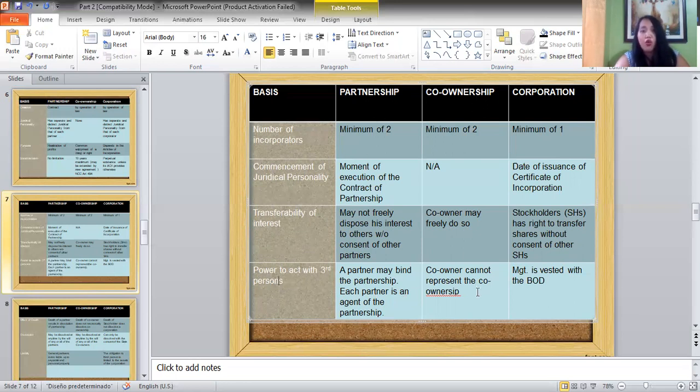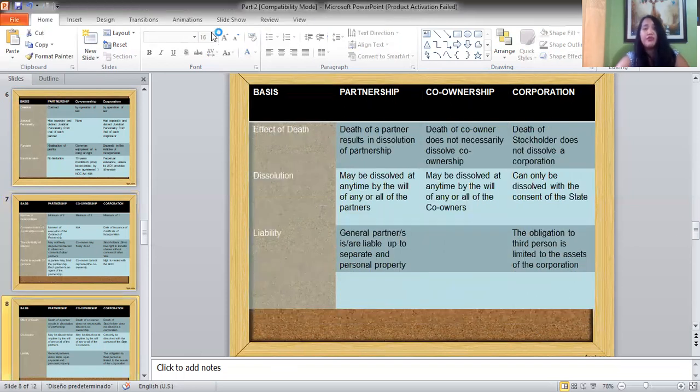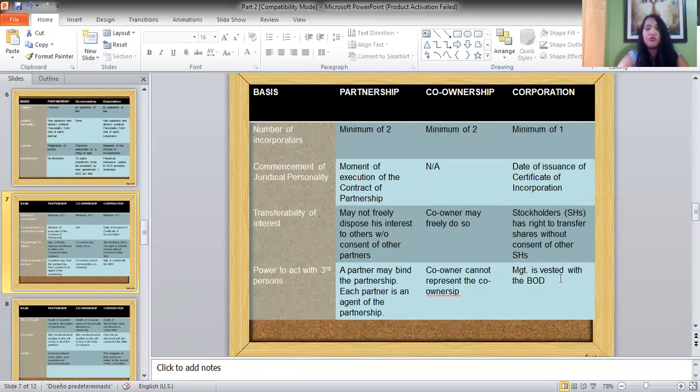Co-ownership, co-owner cannot represent the co-ownership. Hindi pwede. Corporation, management is vested with the board of directors. Later on, i-discuss natin yan pag dumating na tayo sa corporation law, and matatouch natin yung management ng board of directors sa corporation. So, hindi pwede. Yung management ng corporation, hindi yan naka-rely lang sa mga stockholders.